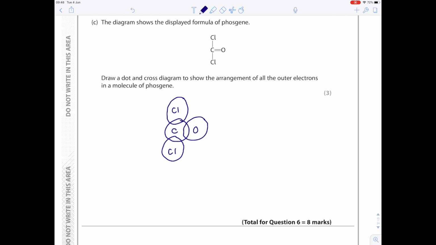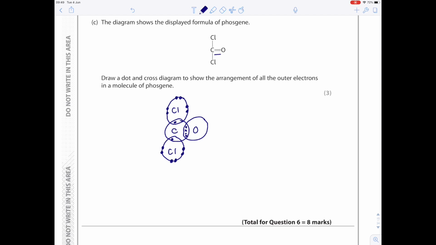Now, chlorine is in group 7, so it has 7 electrons in its outer shell. So we're going to do the same for both. Now I know because of this double bond here there's going to be 4 electrons in this overlap, so I'm just going to pop those in directly.